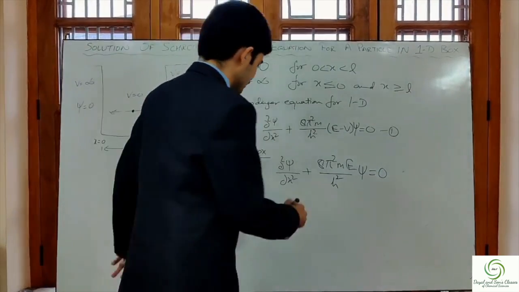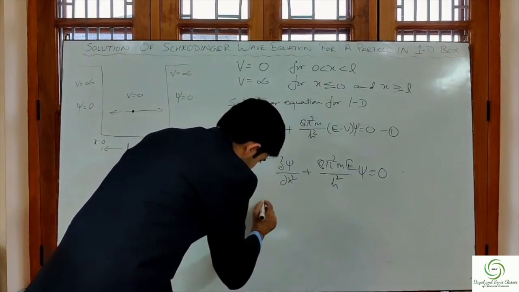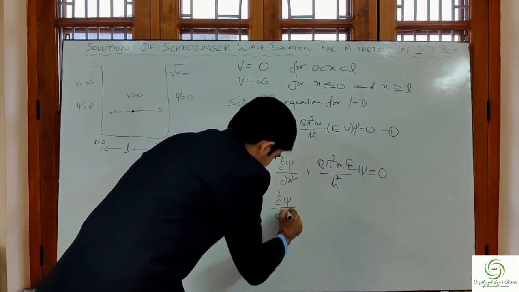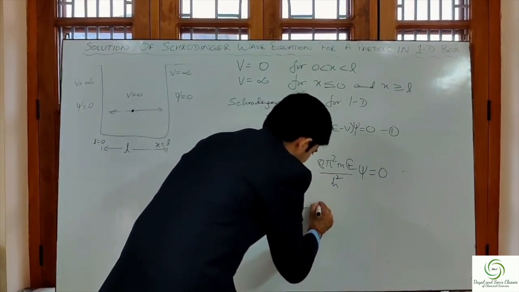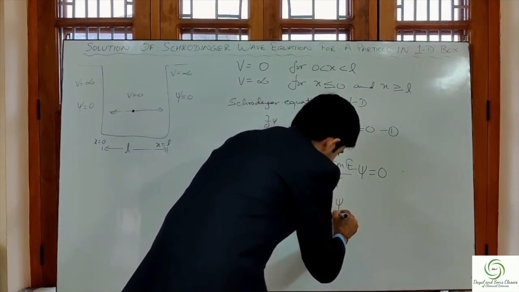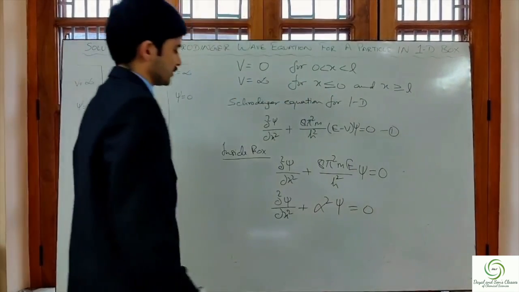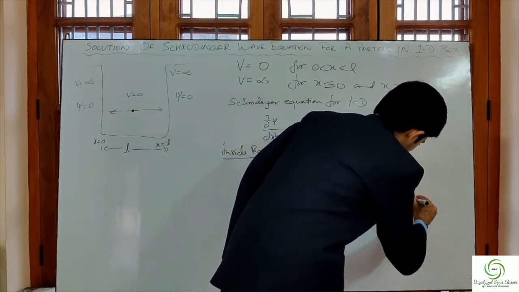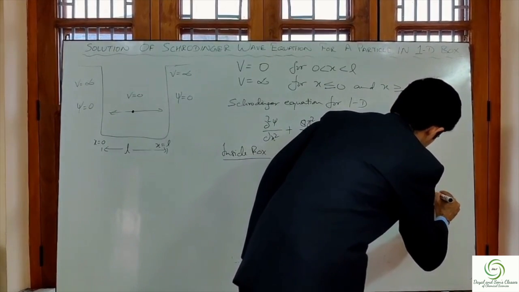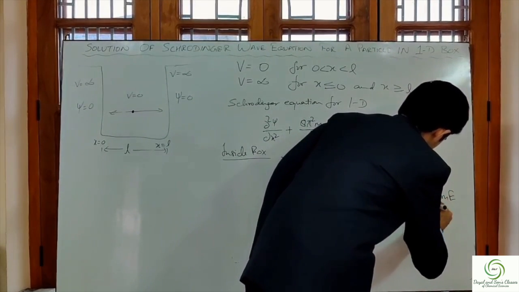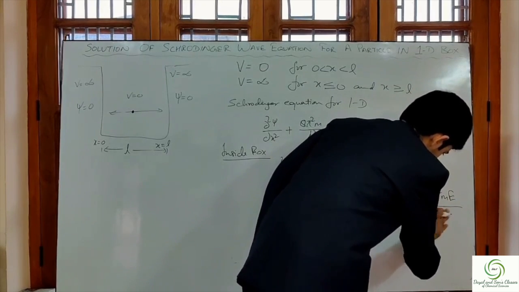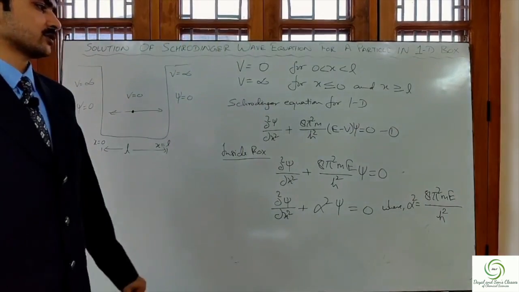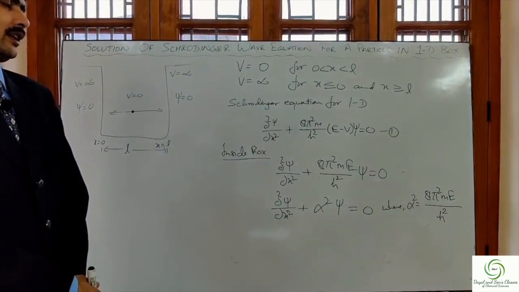We can write this equation as del square psi by del x square plus alpha square psi is equal to 0, where alpha square is equal to 8 pi square m E upon h square.